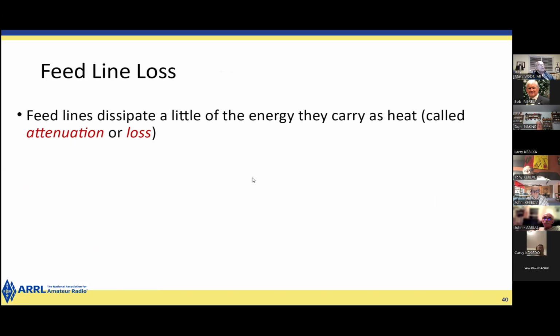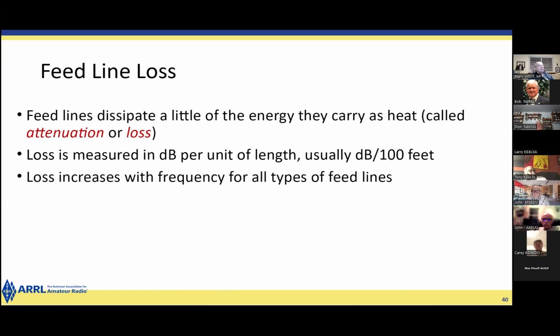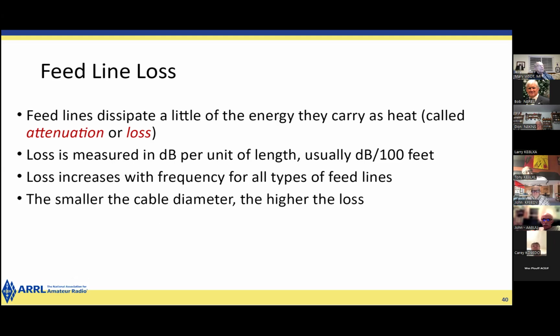Feed lines dissipate a little of the energy they carry as heat, called attenuation or loss. Loss is measured in dBs per unit of length, usually dB per 100 feet. Loss increases with frequency for all types of feed lines. The smaller the cable diameter, the higher the loss.